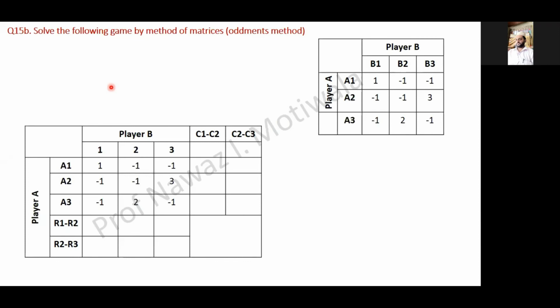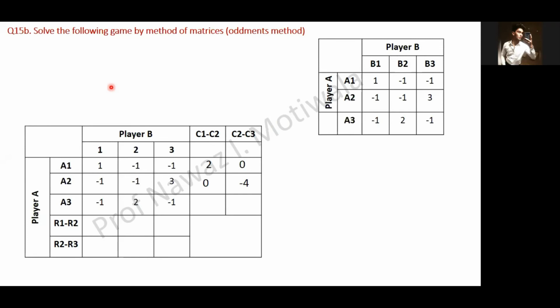So after subtracting this, minus one, we get 2. Very good. Then minus one minus one, we get 0. Moving to the second row, minus one plus minus one, we get 0.